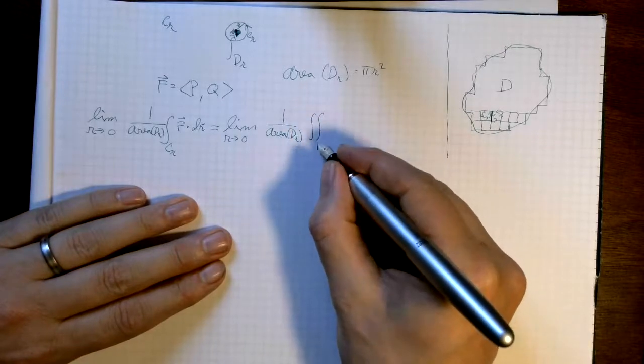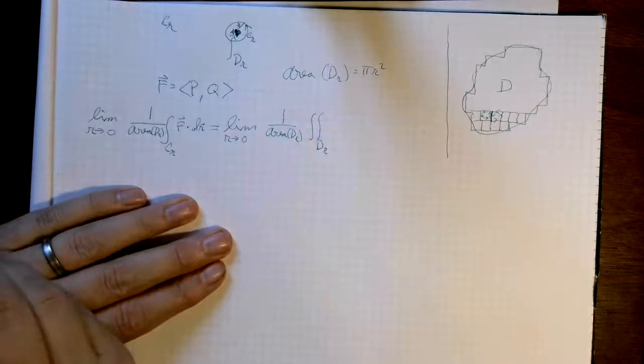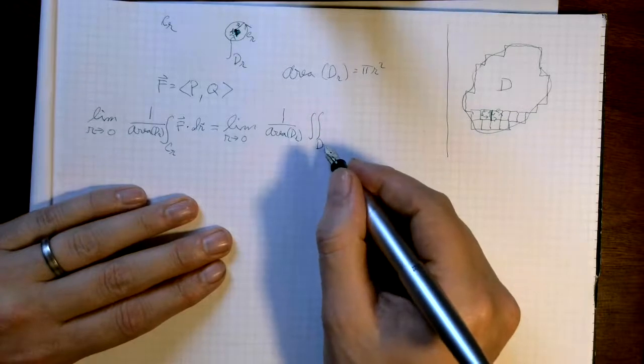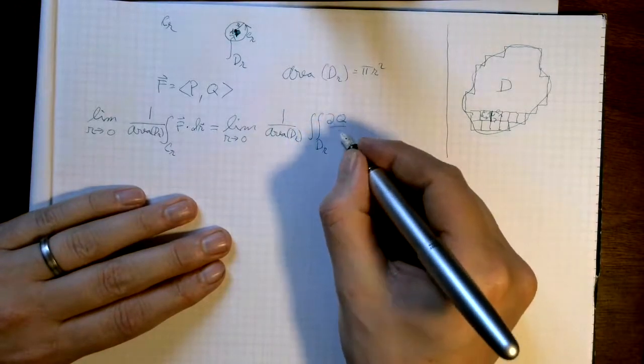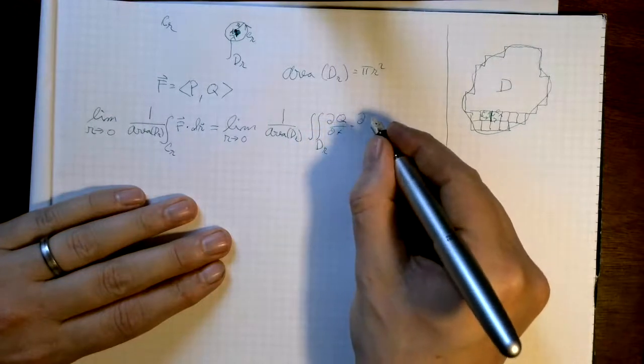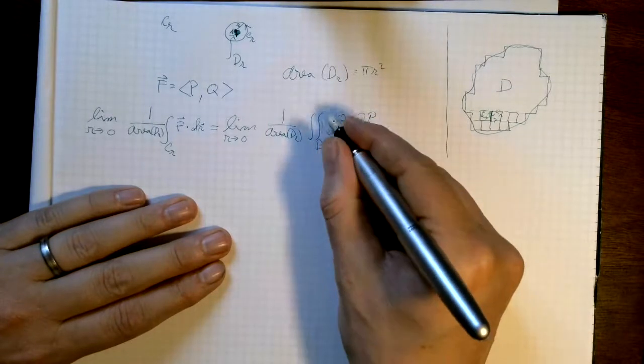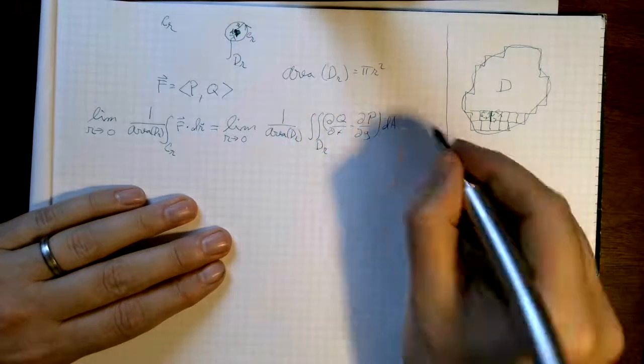So it's the integral over D_r of dQ/dx minus dP/dy, integrating with respect to the area.